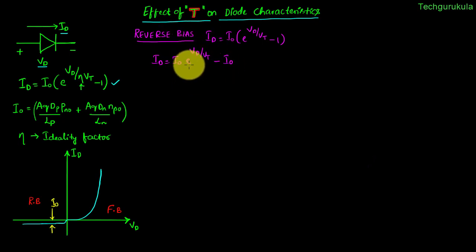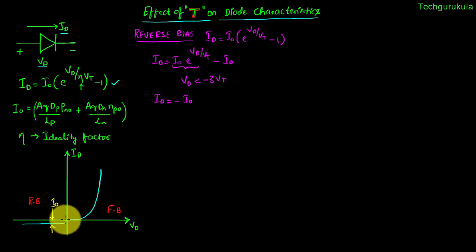And as it is in the reverse bias condition, VD is negative, and if VD is less than minus 3 VT at least, then we can pretty much neglect this term compared to this I0. As a result, under this assumption ID is equal to minus I0, which wouldn't be changing with respect to applied voltage.